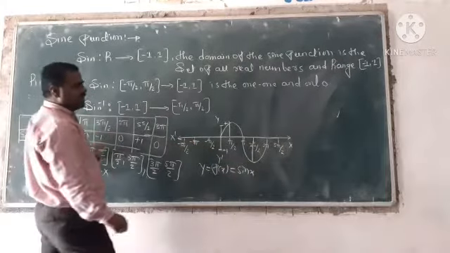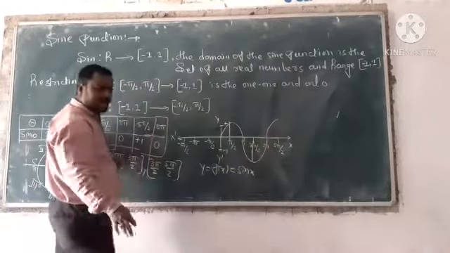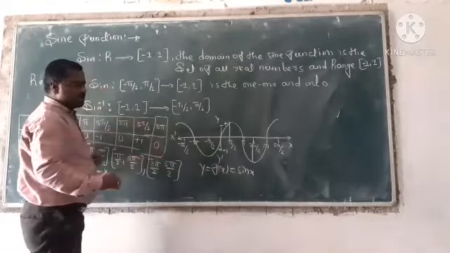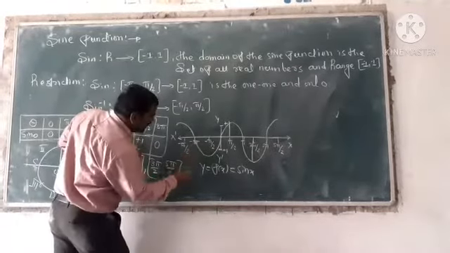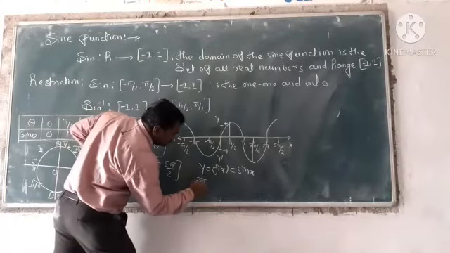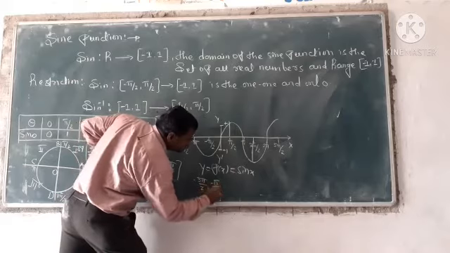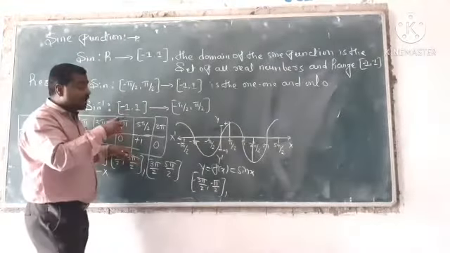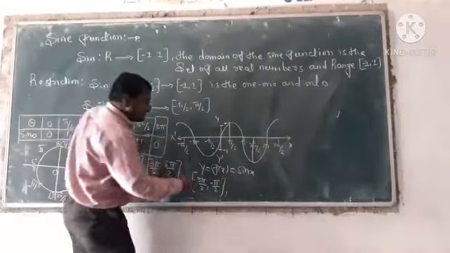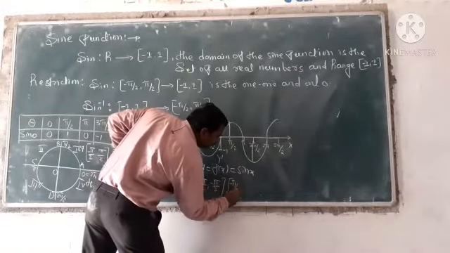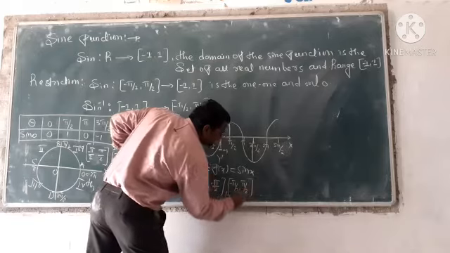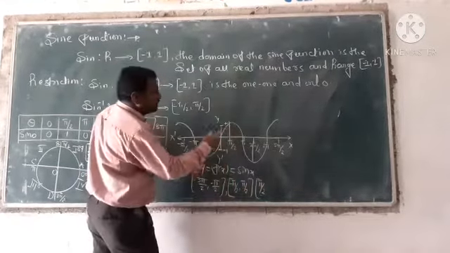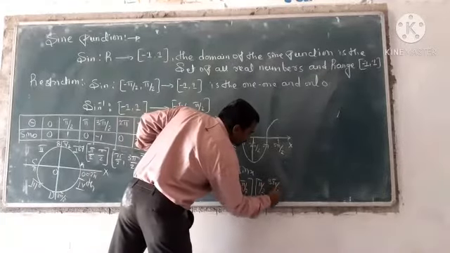The curve goes on up, down, and up and down. Here, minus 3 pi by 2 to minus pi by 2. The restriction condition is applied: minus pi by 2 to pi by 2, this is the factor. So here pi by 2, and on the positive side 3 pi by 2.